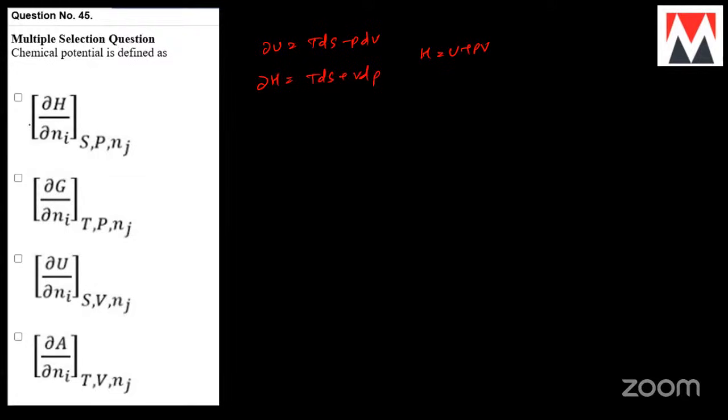So you can write in terms of entropy and pressure. This is correct. So dG you can write as H minus TS. So it is nothing but VdP minus SdT. So it is with T and P. This is also correct. U you can write in terms of entropy and pressure. This is also right. A you can write in terms of T and V. So this is also correct. So chemical potential, all are correct.